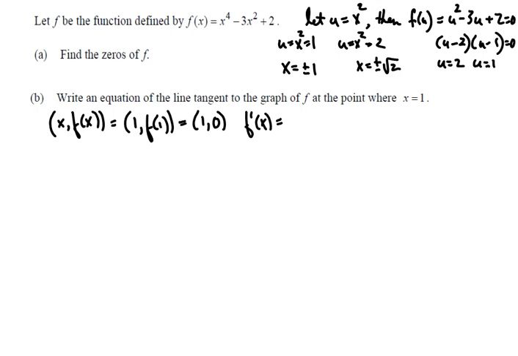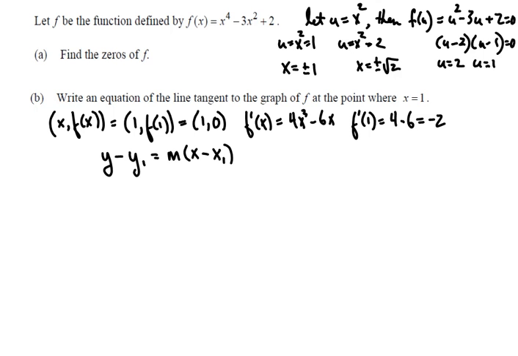Next, we need to find the slope of the tangent line, which is the first derivative, and that would give 4x to the third minus 6x, and f prime of 1 would be 4 times 1 minus 6 times 1, or 4 minus 6, which is equal to negative 2.